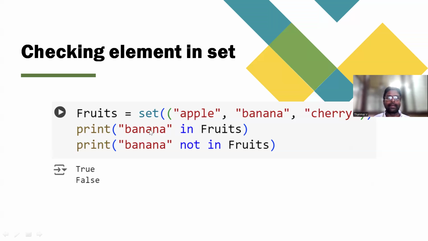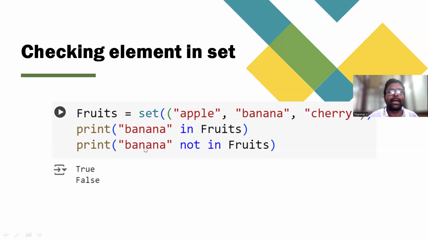So print banana in fruits. If banana is in the fruit set, it will return true. If banana is not available in the fruit set, the first line will result in false. If you observe here, in the fruit set, banana exists. So it gives true.